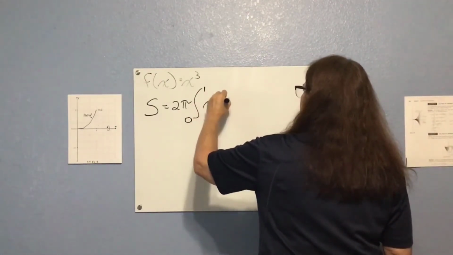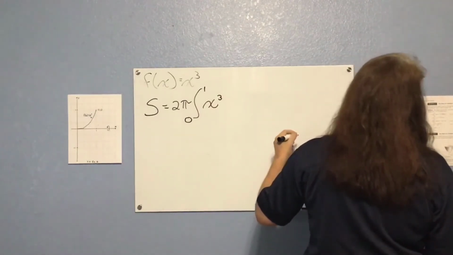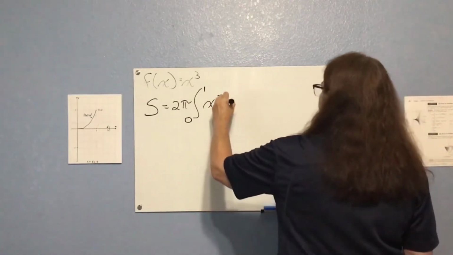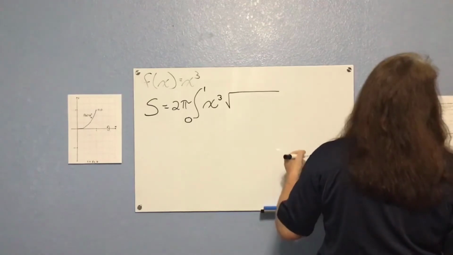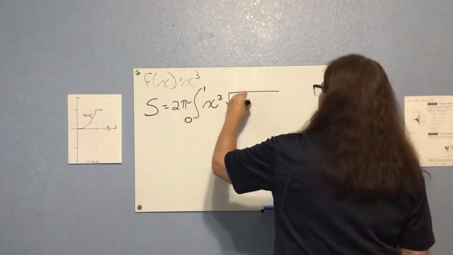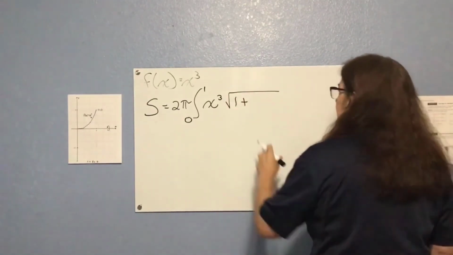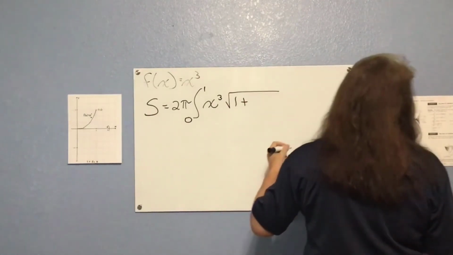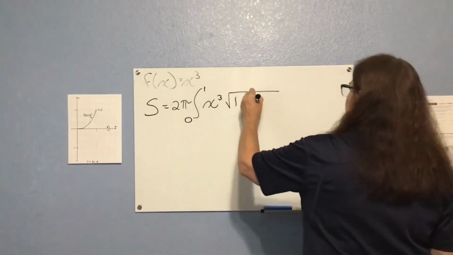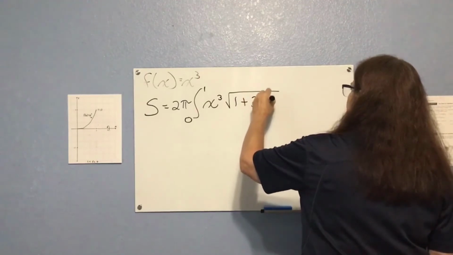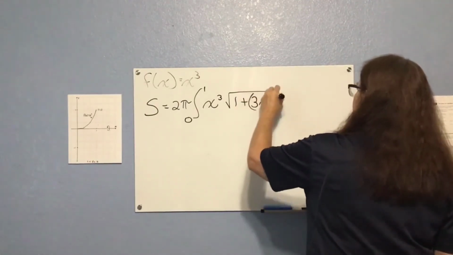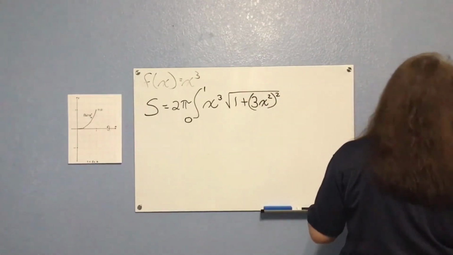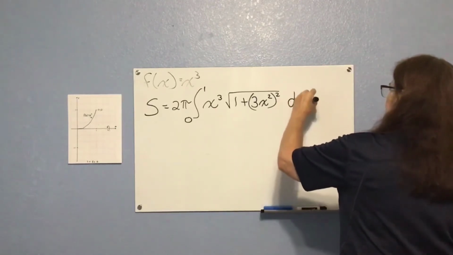And we use x cubed, which is our r of x, times the square root of 1 plus the derivative f prime of x, which in this case is 3x squared, and we square that, dx.